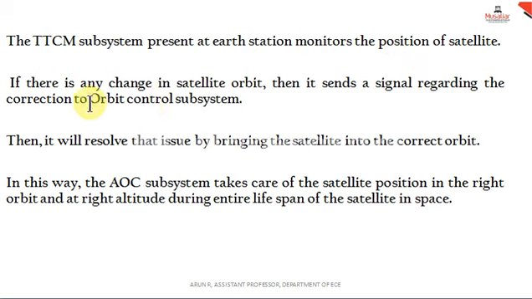Likewise, the AOC subsystem, or attitude and orbit control subsystem, keeps the satellite in its right position or orbit. The tracking, telemetry and command subsystem is present in both the satellite and the earth station.